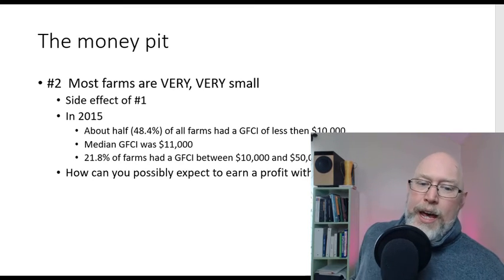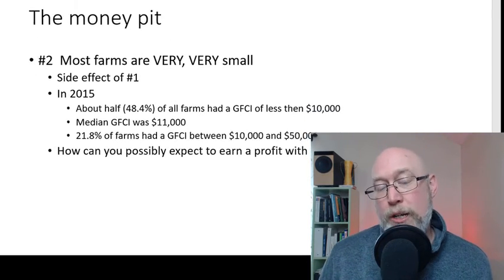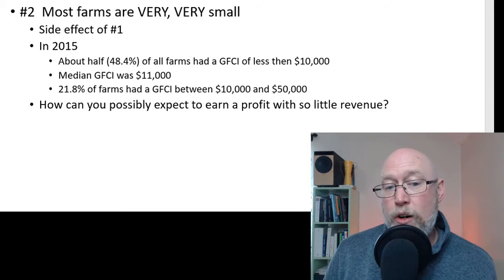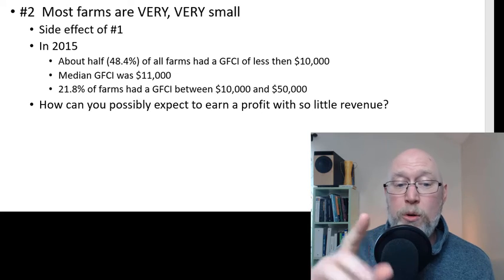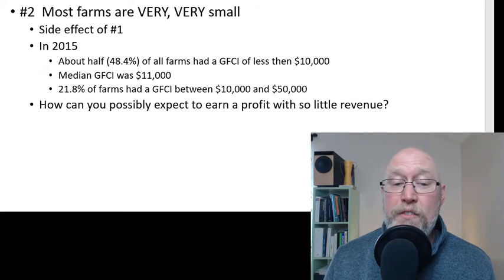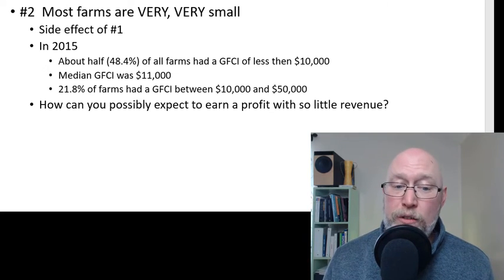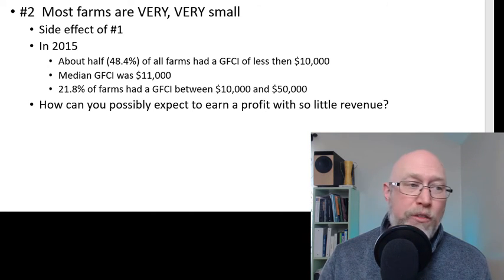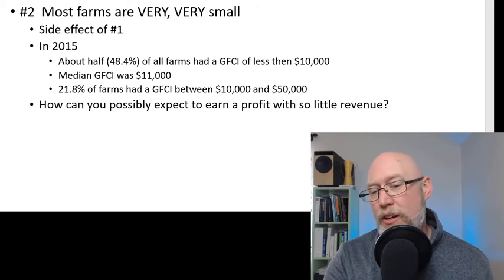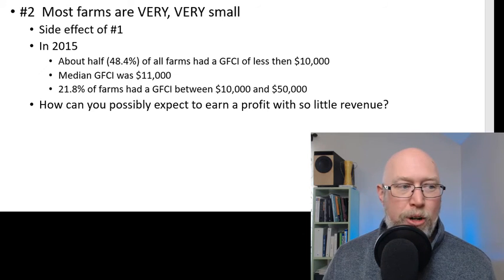Second, as you can see from the numbers we looked at, most farms are very, very small. Most farms are tiny. That's a side effect of the USDA's definition of a farm. About half of all farms had a gross cash farm income, I think I got the letters wrong there, right?